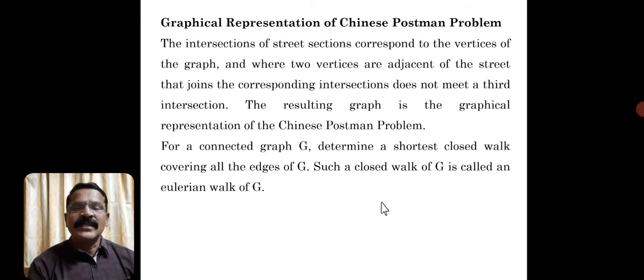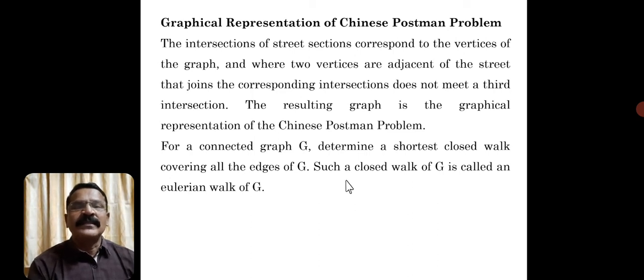You already know what an Eulerian walk is. It is a closed walk containing all the edges, and each edge is traversed exactly once. So in that way you have to find a route.